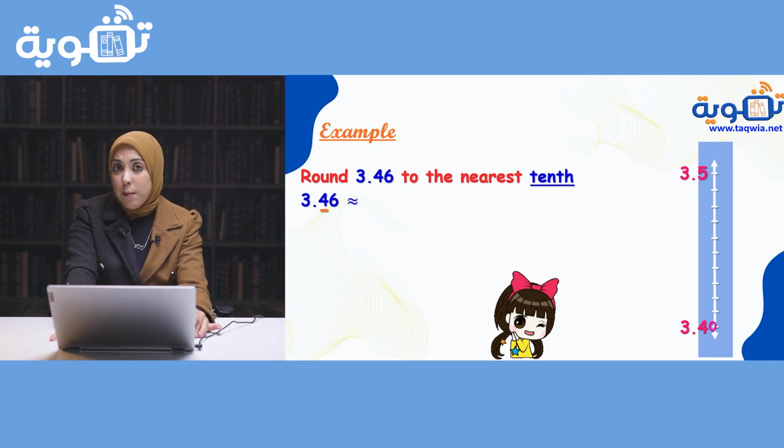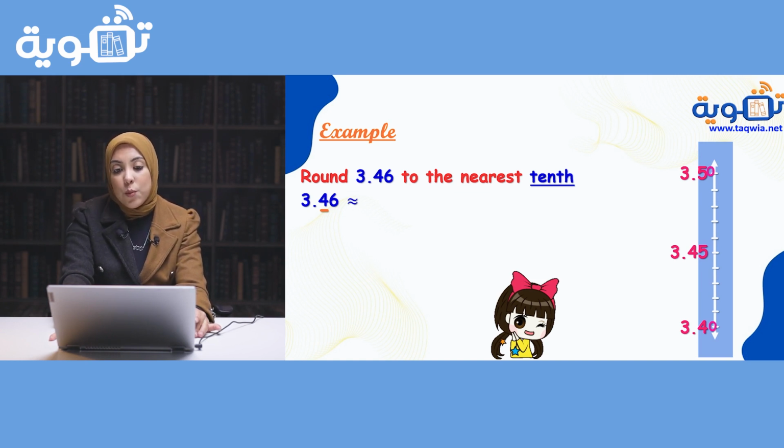Now I have to put the midpoint. What is the midpoint between 3.4 and 3.5? Here we have to put 0 in the hundredths place, up and down. What is the midpoint between 3 and 40 hundredths and 3 and 50 hundredths? It's 3.45, 3 and 45 hundredths.